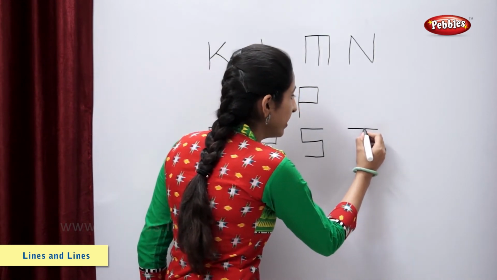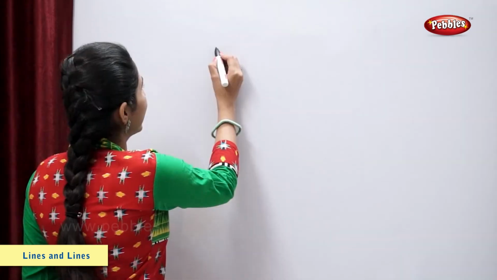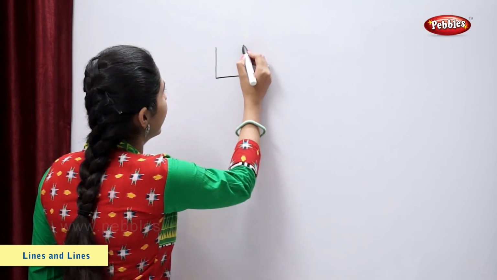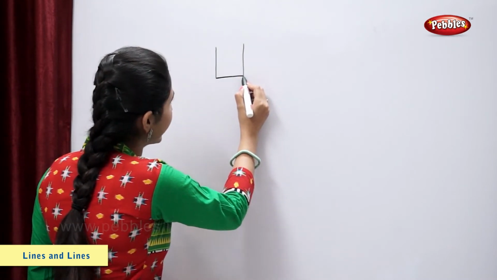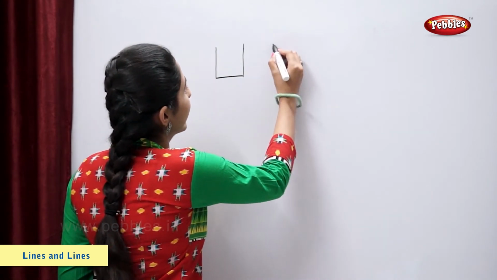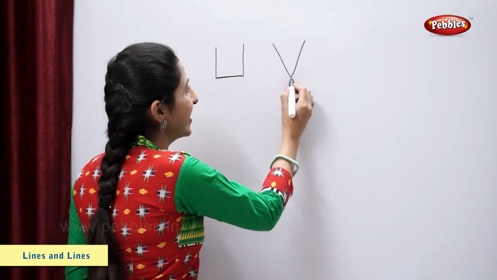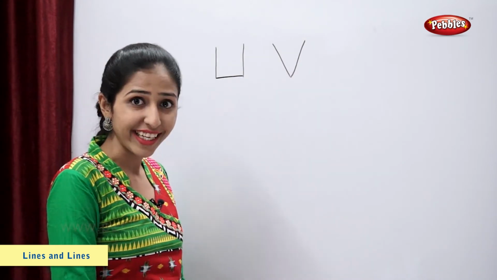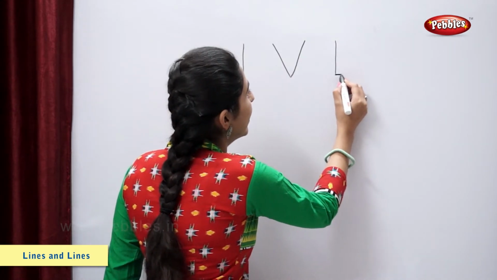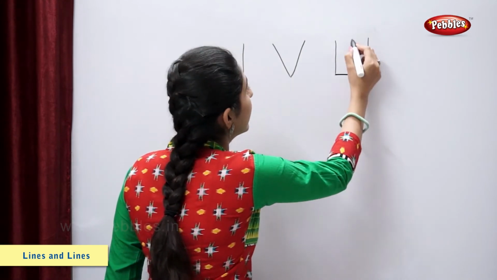Sleeping line. Standing line. Letter T. Standing line. Sleeping line. A standing line. Letter U. Slanting line. One more slanting line. Letter V. Standing line. Sleeping line. Standing line.